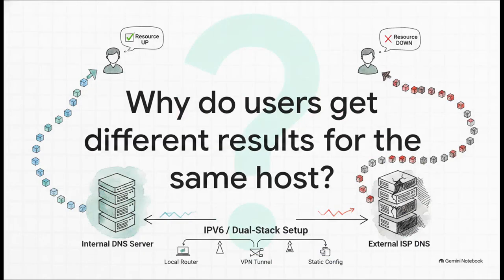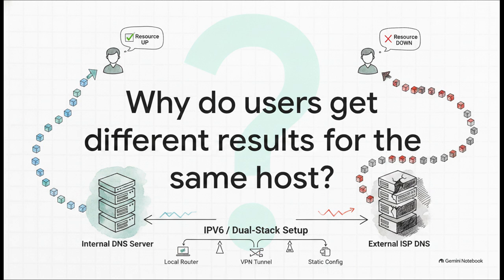And that brings us to the classic support ticket mystery that we're going to solve today. You know the one. You get a ticket saying an internal resource is down for one user, but the person sitting literally right next to them can access it perfectly fine. So why do different users get completely different results for the exact same internal host? Well, it entirely comes down to which specific DNS server is answering the query.